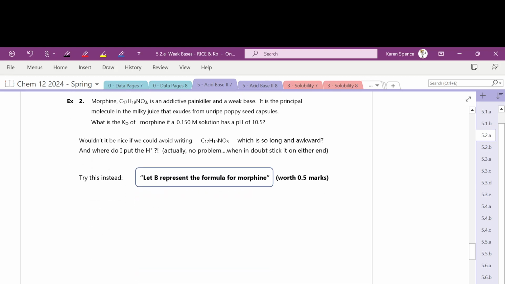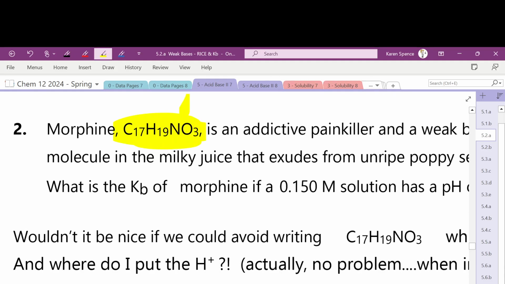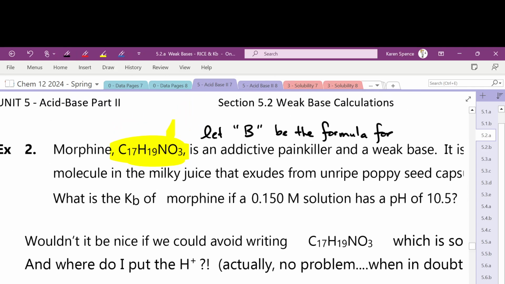All right. The only thing is, if you get a formula like this, and you're like, oh my gosh, I don't want to write out that whole thing, you could say, let B be the formula for morphine.